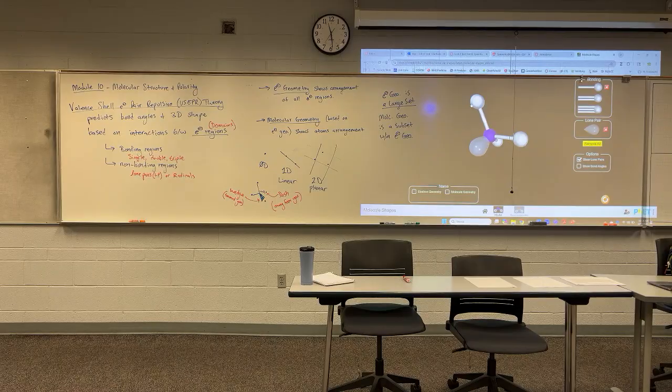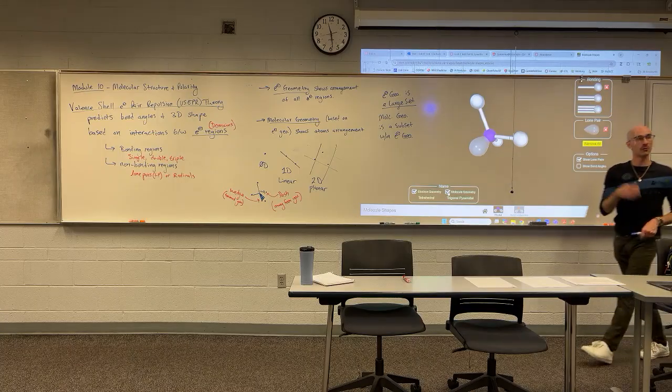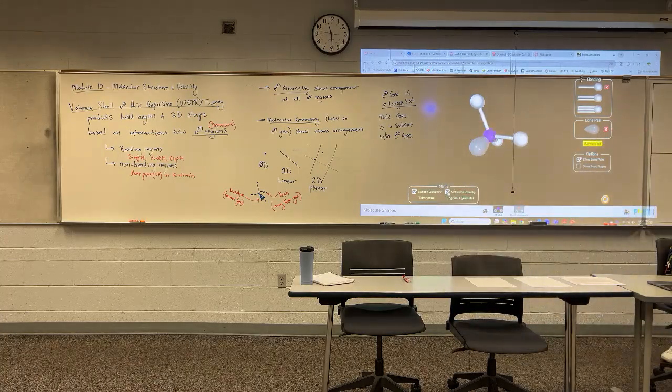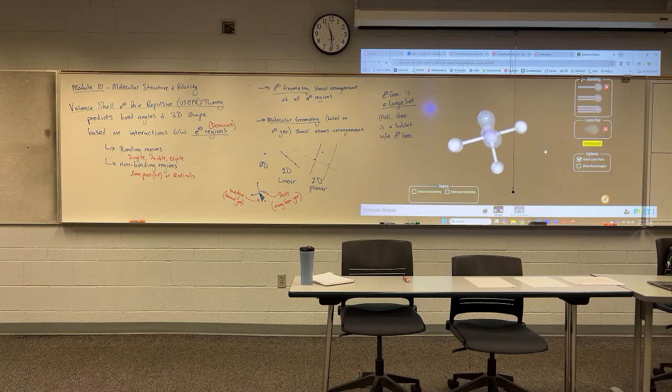And then at the bottom, you can have it tell you electron geometry and molecular geometry. So if you want to quiz yourself, you can build something first. Let's say I want to put in 3 more lone pairs. Now I need to figure out what the molecular geometry is. T-shaped. And the electron geometry.